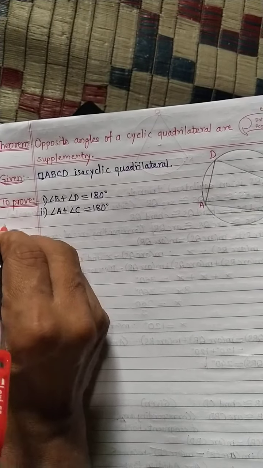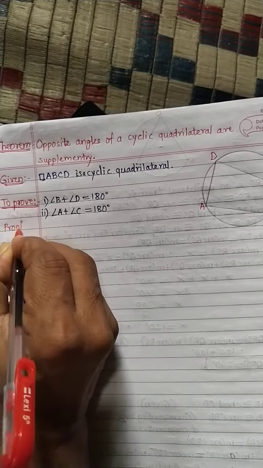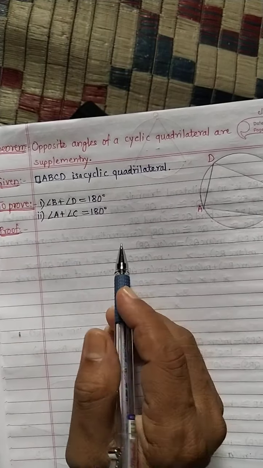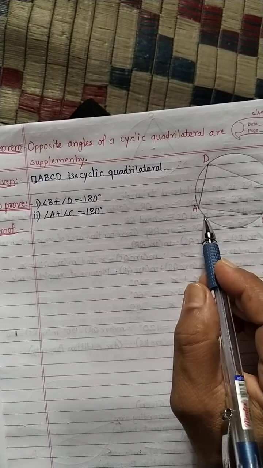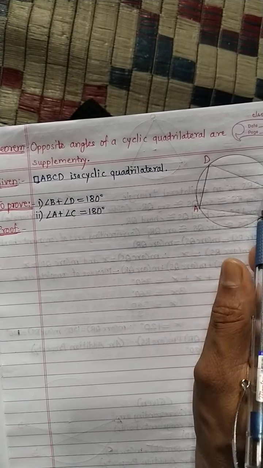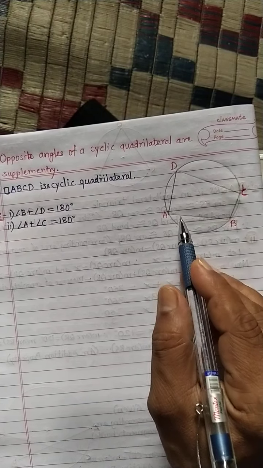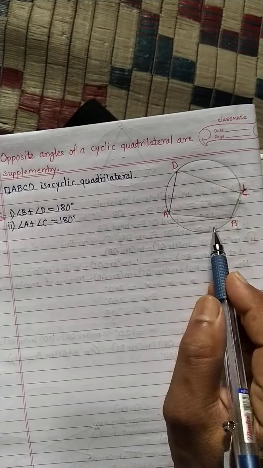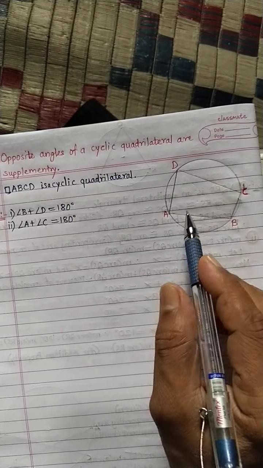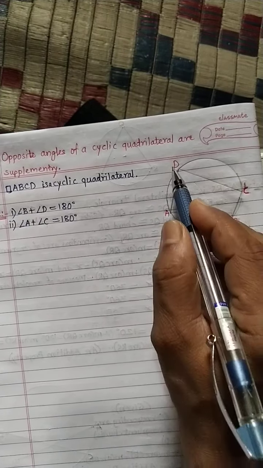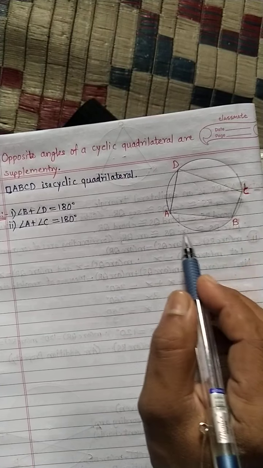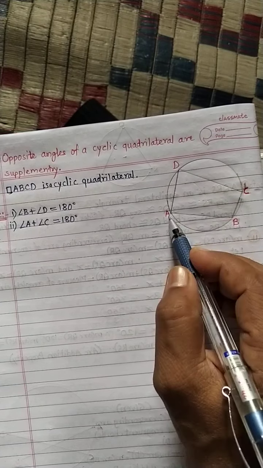Okay, now I have to write down the proof. Let us see arc ABC. Here you can see in the figure, arc ABC is intercepted by the inscribed angle ADC.